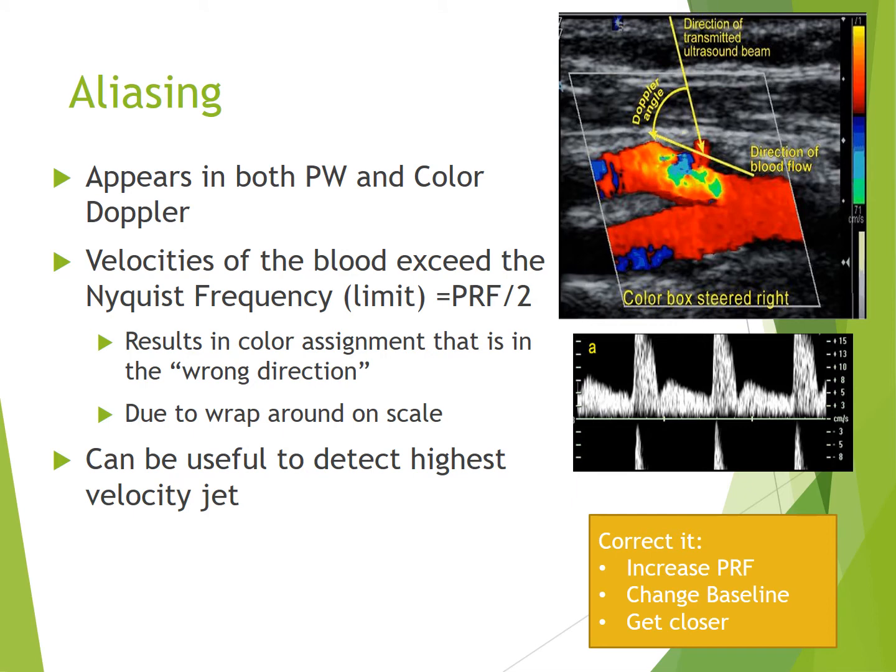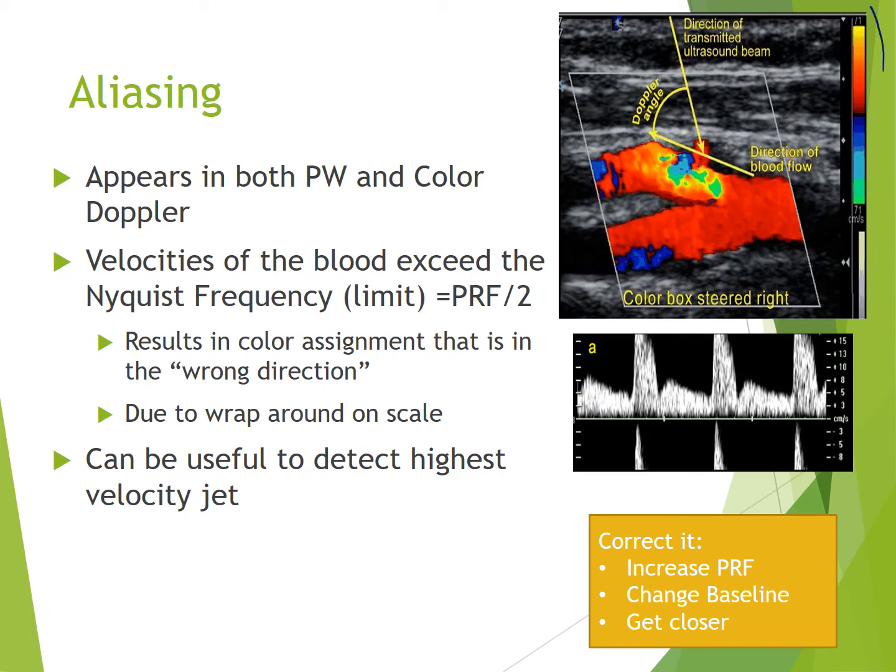Aliasing is a concept that applies in using color Doppler and in pulse wave Doppler, where we have what we call a speed limit. It's also called the Nyquist frequency or the Nyquist limit. If our velocities are going over what we tell the machine is our speed limit, then it's going to wrap around and register as a different speed below the baseline.